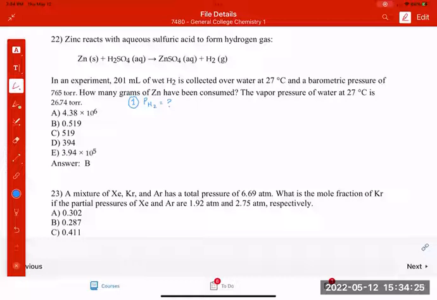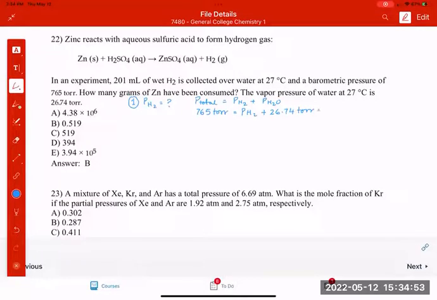From the formula, P total is equal to P of hydrogen plus P of water, something we did just now. So 765 torr is equal to the partial pressure of hydrogen plus the partial pressure of water, which is given to you in this case as 26.74 torr.